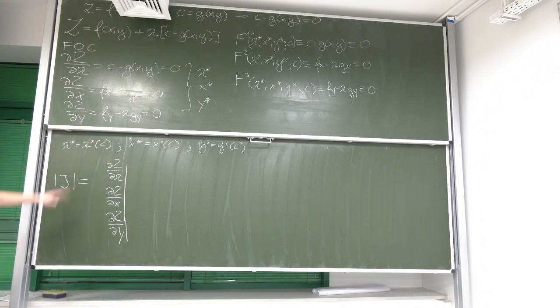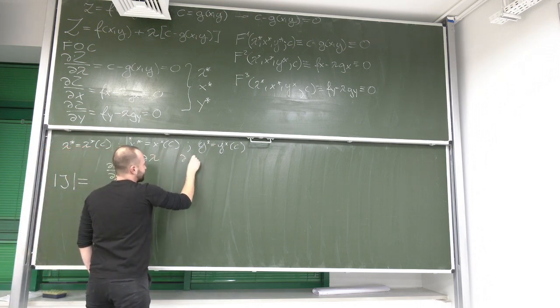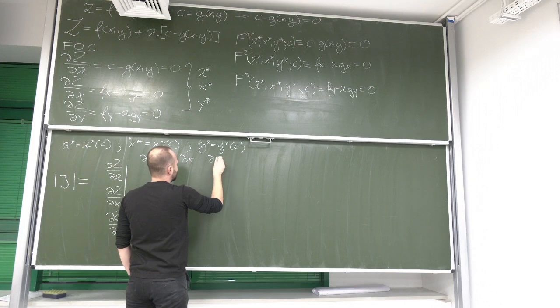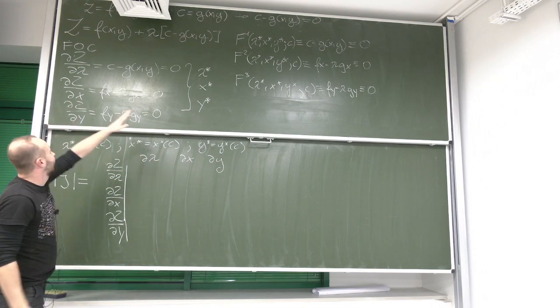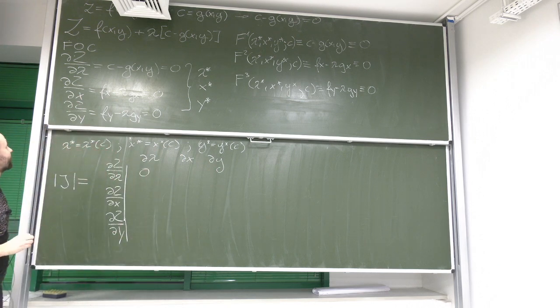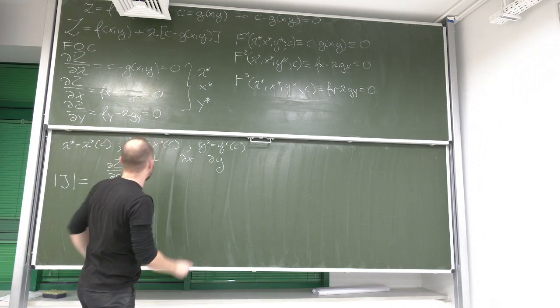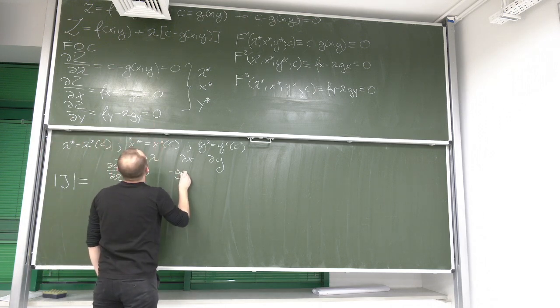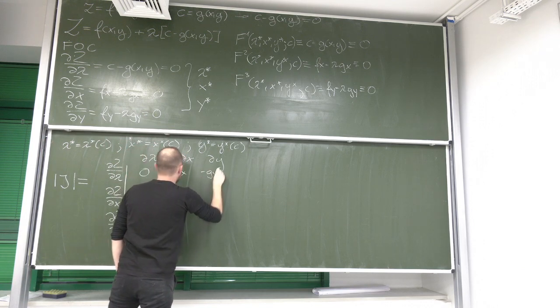Each of those derivatives needs to be differentiated first with respect to lambda, then with respect to x, and then with respect to y. So let's do so. We have no lambda in the first equation, so we've got 0 over here. And then if we differentiate this equation with respect to x, we're going to get negative gx, and with respect to y, negative gy.